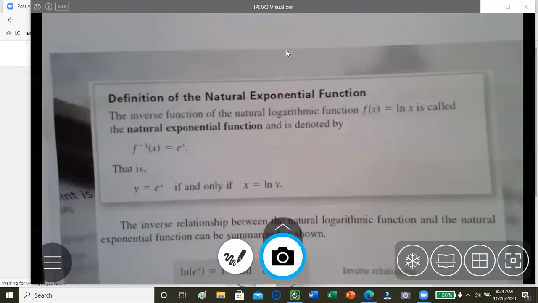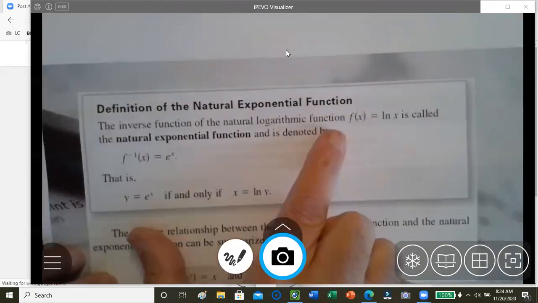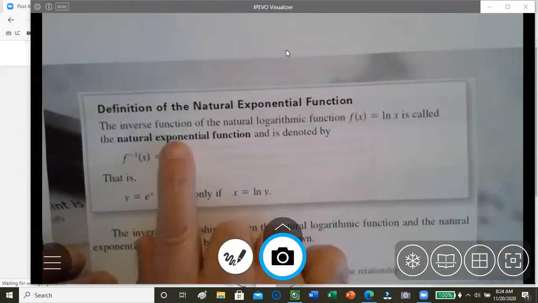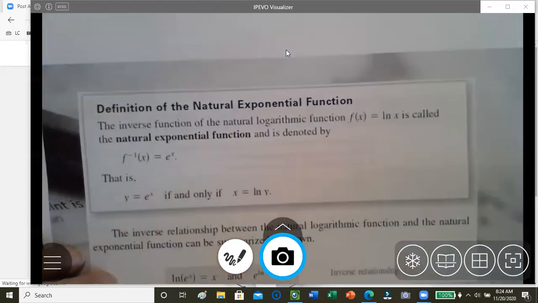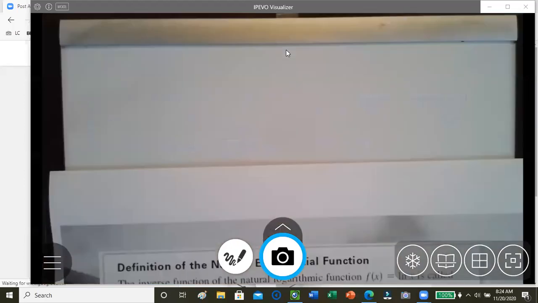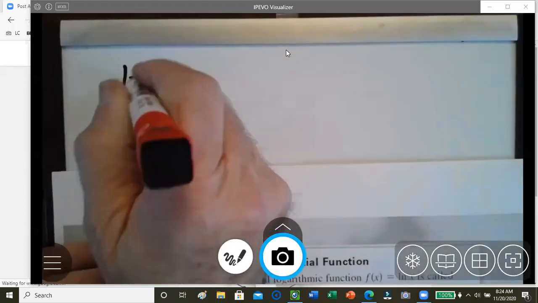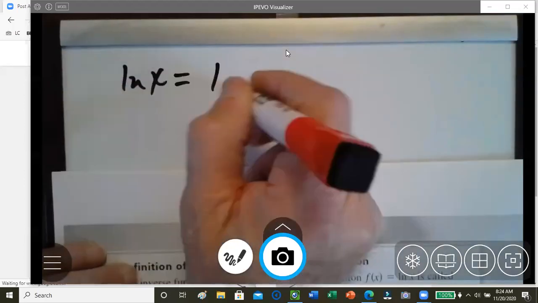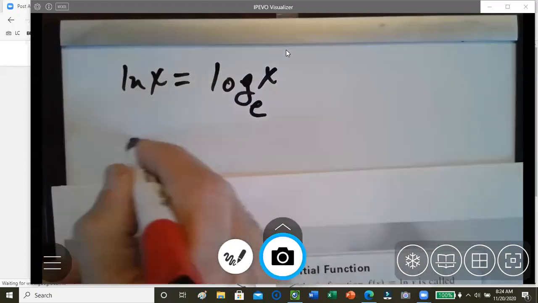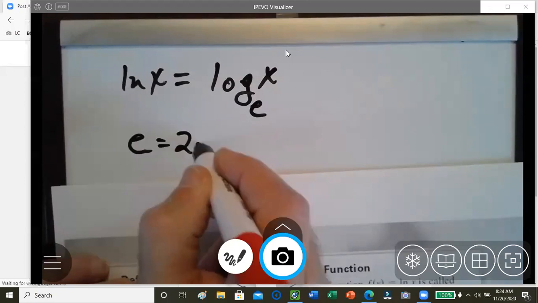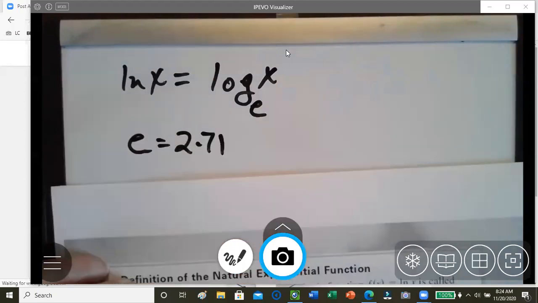Okay, so the definition of a natural exponential function is the inverse function of a natural log. Well, natural log is nothing more than log x base e. Well, e is basically 2.71 as a decimal, rounded off to 2 decimal places.